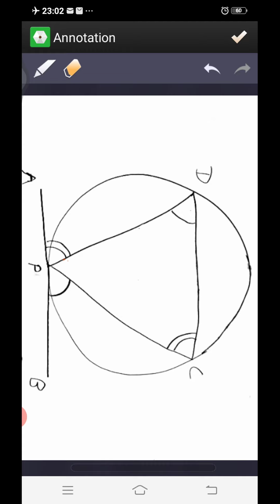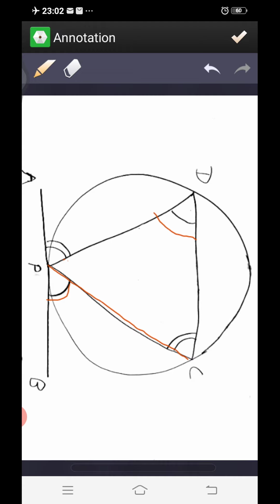So what we do, suppose this chord is given, now this angle between the chord and the tangent will be equal to the angle of alternate segment, which is formed by the given chord.